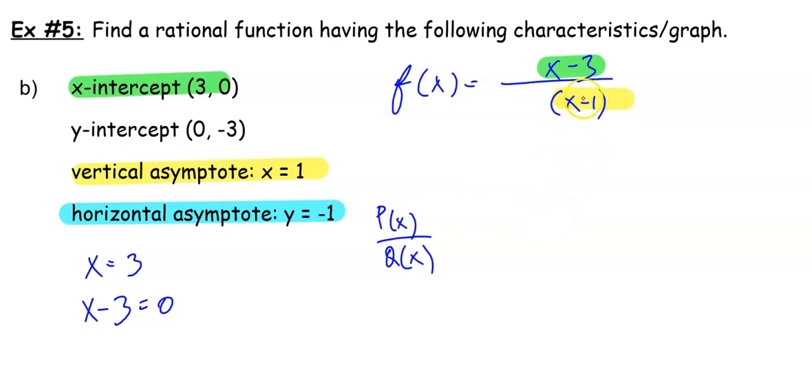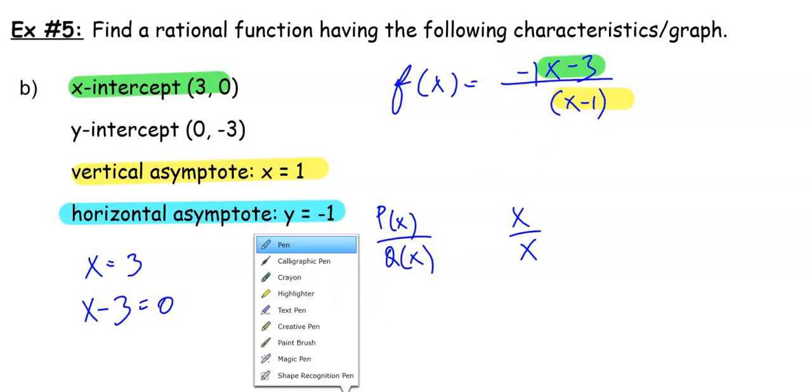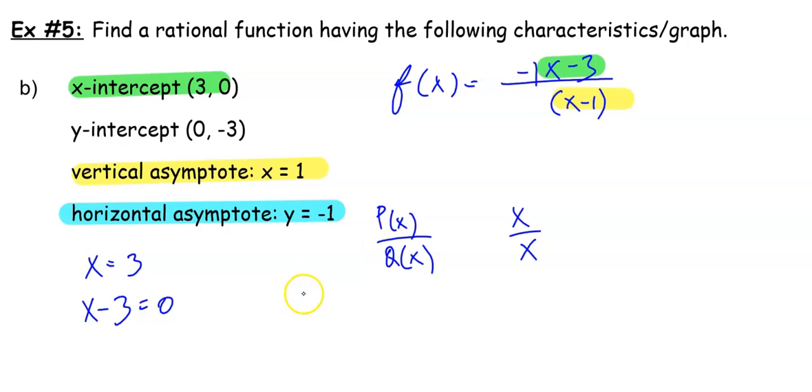In the denominator we have x minus 1, on the top we have x minus 3. Right now the x's have the same degrees, but I need this ratio to be -1. That means I am going to put a -1 in front of my x minus 3. Boom, get that in blue right there.